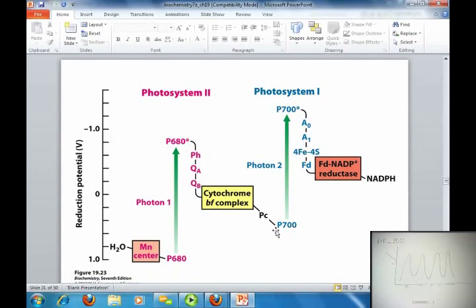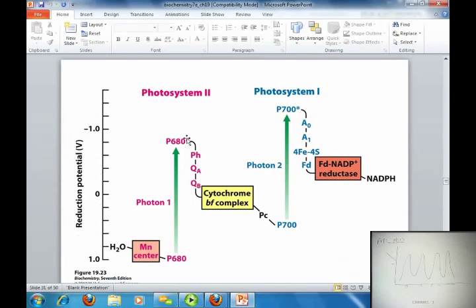And this is again the photo center reaction center, P700 photosystem 1, where another flash of light, of wavelength 700, excites it, and then A, and then different chlorophylls, and then iron sulfur centers, and then you have the reductase and NADPH being produced. So that shows the two systems, how the cytochrome b6f complex is involved in electron transport from one photosystem to the other, and how the NADP reductase with ferredoxin is involved in producing NADPH.